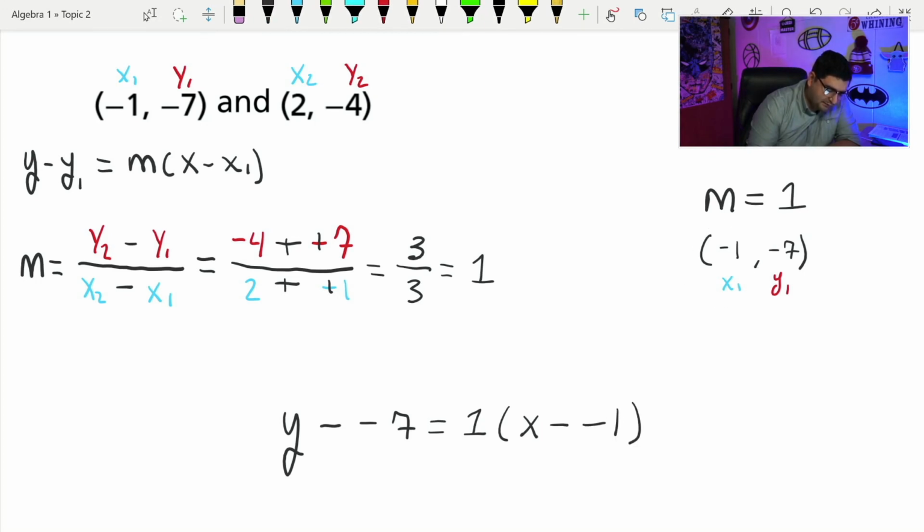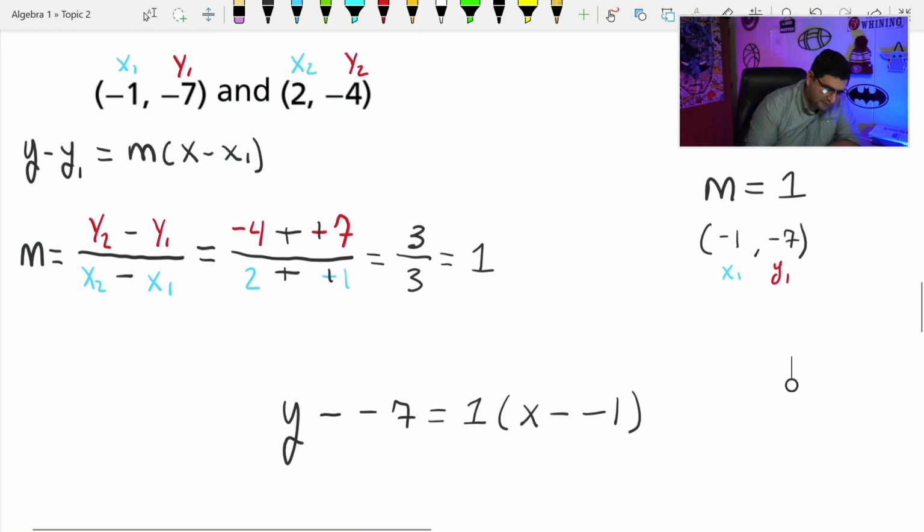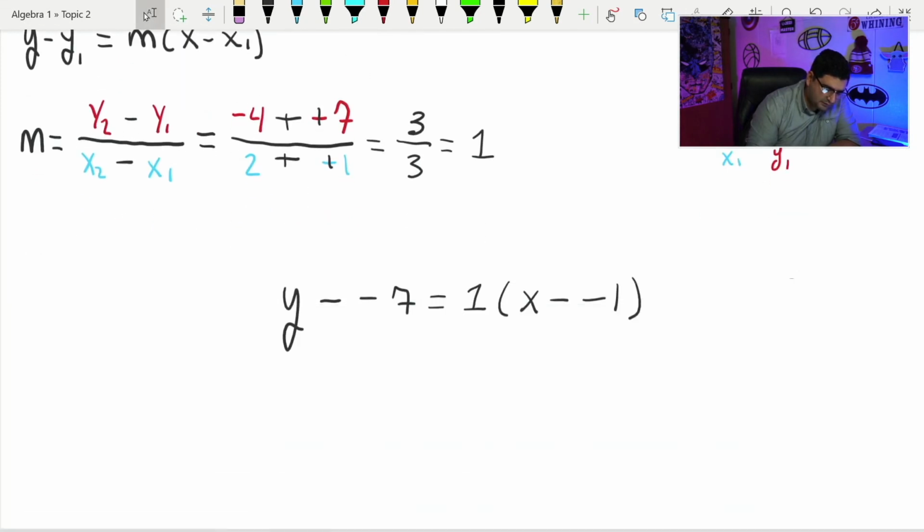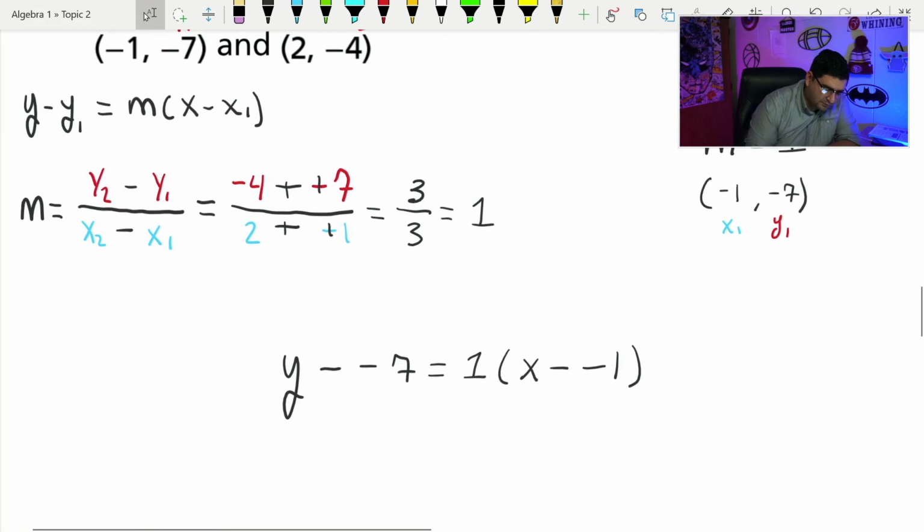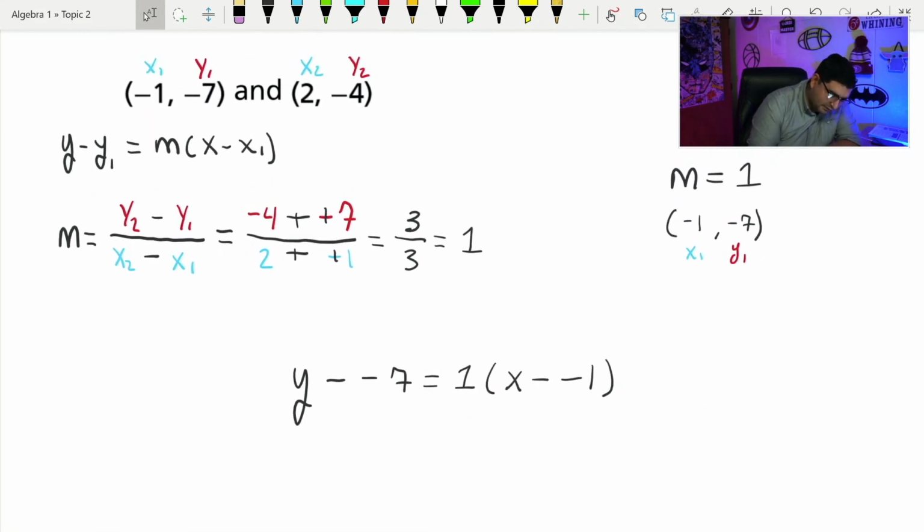And here again I have two instances where I see a double negative. So I want to do my best to clean that up. So these turn into positives. And I actually have y plus 7 equals 1 times x plus 1.